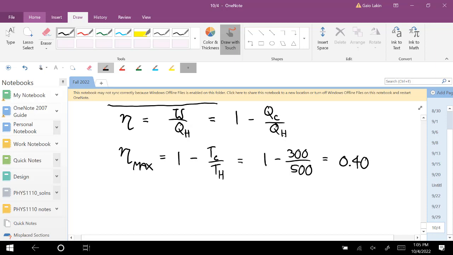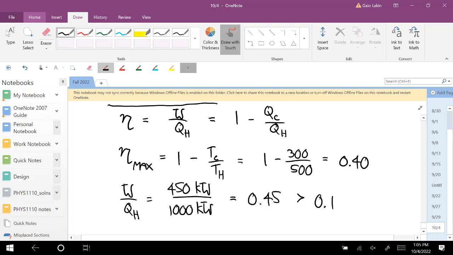Well, we're asking if we can get 450 kilowatts of power out. That's the work. So I'm going to use work over QH is equal to 450 over 1,000. That is 0.45, which is better performance than 0.4.